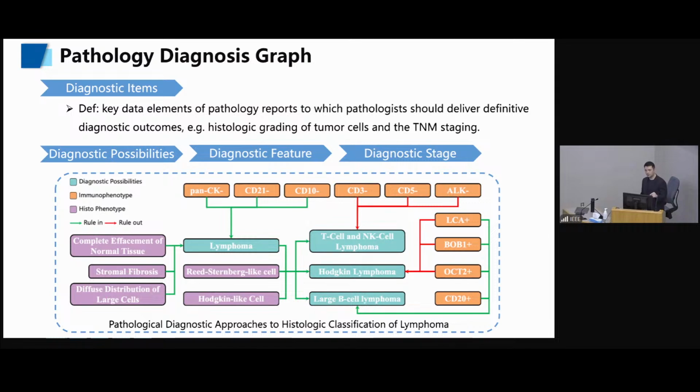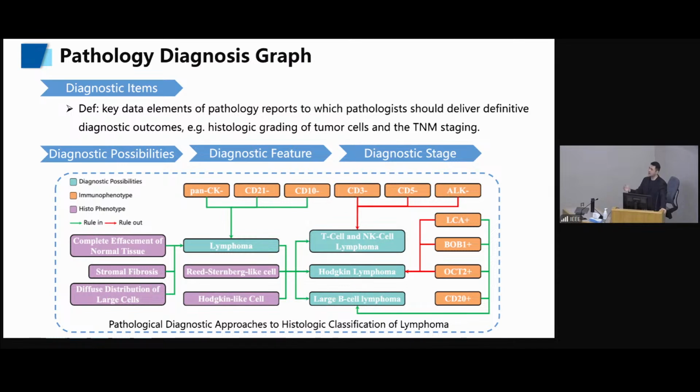So in order to get the diagnostic result of a diagnostic item, a pathologist should develop a diagnosis process, which could be divided into several stages. At the initial stage, he or she would obtain several phenotypes to rule in and rule out multiple diagnostic possibilities, and then get a very broad and non-specific diagnostic result.